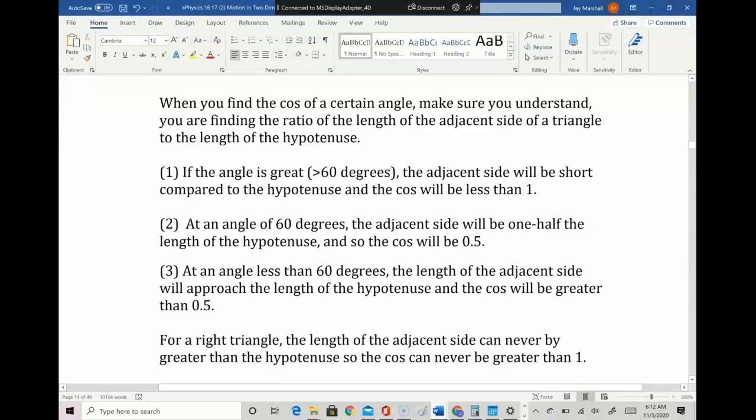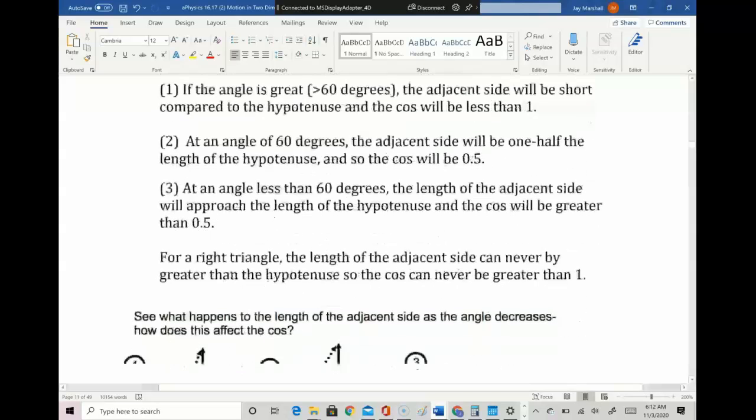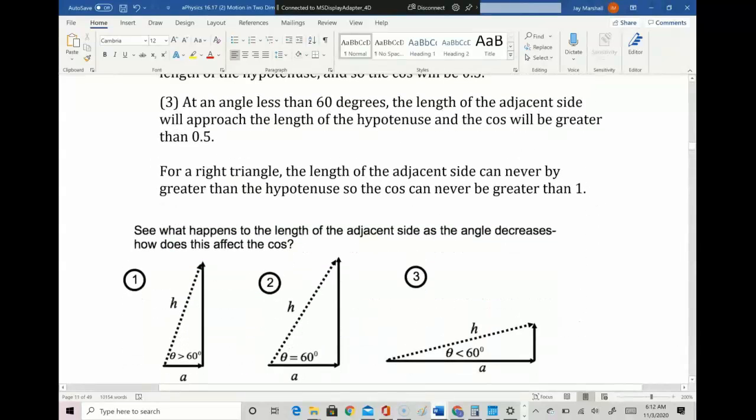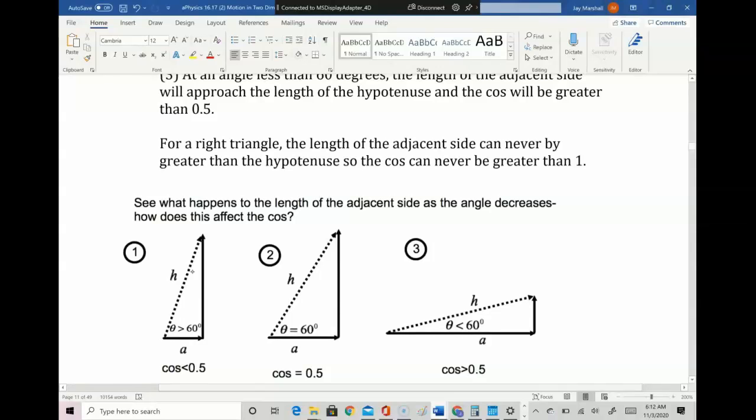Now, we can do the same thing with the cosine of a certain angle. Make sure you're finding the ratio of the length of the adjacent side. Okay, so I've got the adjacent side compared to the hypotenuse. And this is going to be the opposite of what the sine was.